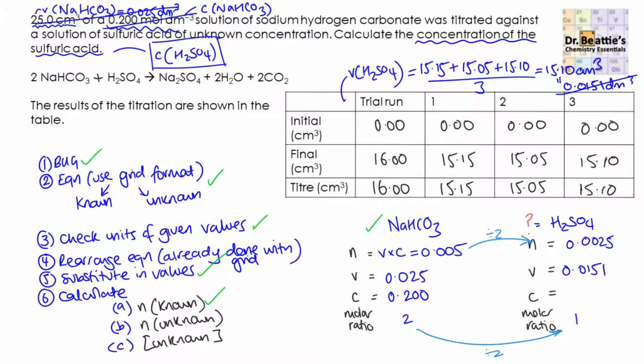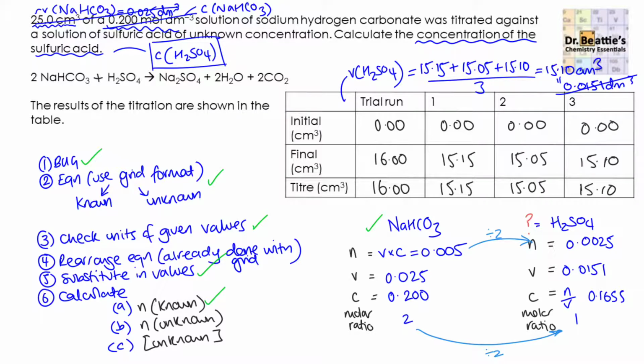This is that value. Then we've got n and V, so we can work out concentration, which is our end game, as we boxed that earlier, and that is going to be moles divided by volume using the triangle n equals VC. And so if we take those 2 values, we get the answer of 0.1655.